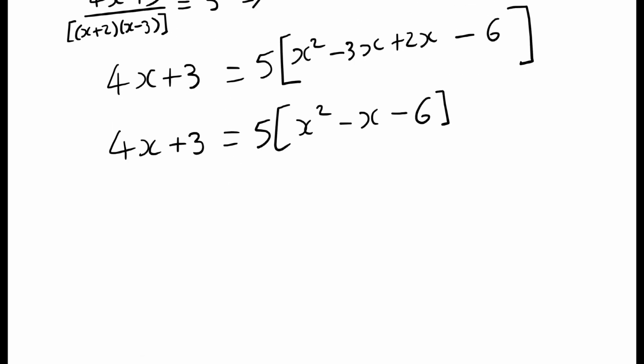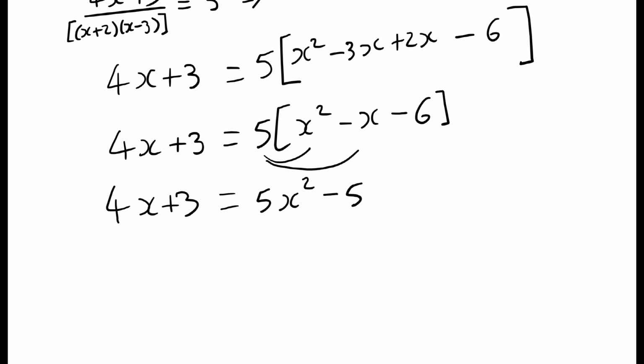So I have 4x plus 3 equals, and now I can expand this square bracket. 5 times x squared is 5x squared. 5 times minus x is minus 5x. 5 times minus 6 is minus 30.